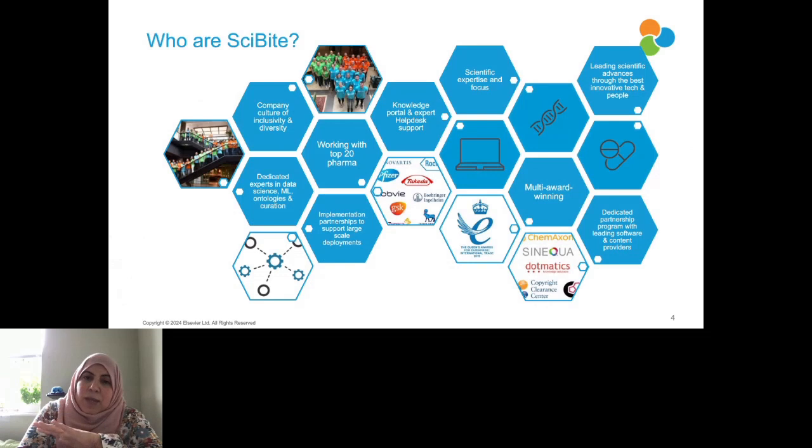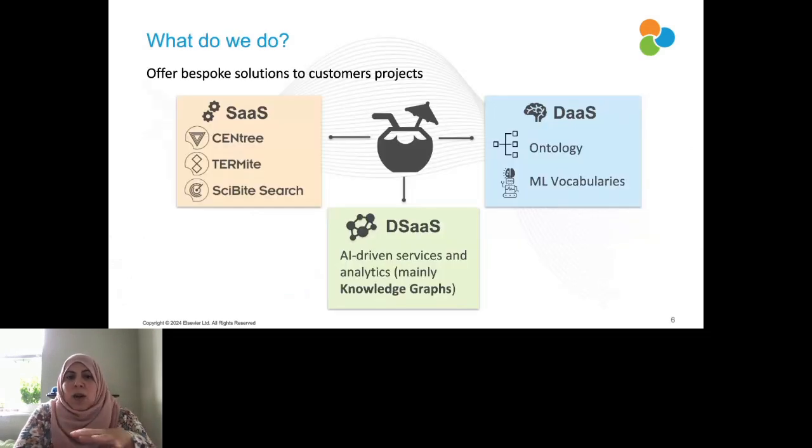But before jumping into my talk, I just want to tell you who we are. We are SciBite. We are a company from Elsevier, and we basically offer a cocktail of bespoke solutions with our software, with our data, and with our data science services.